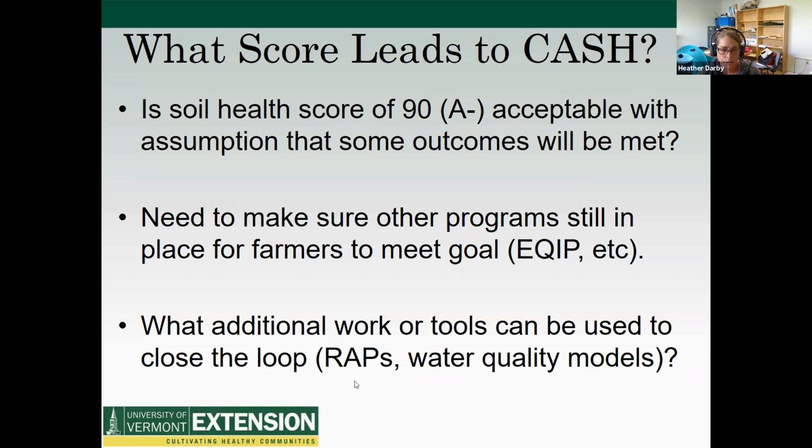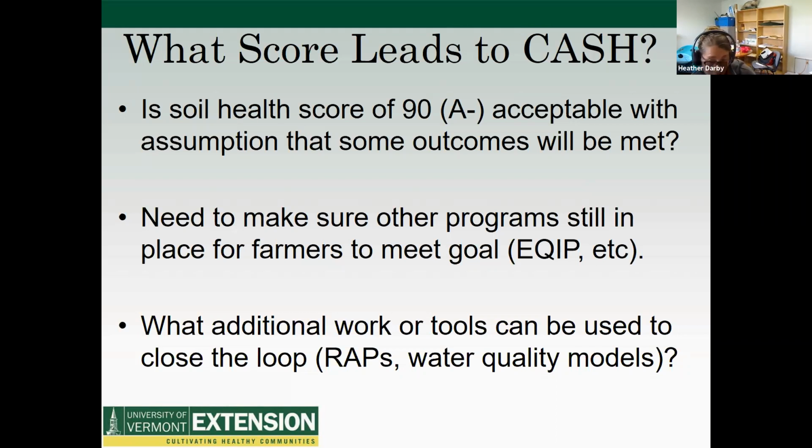So I think the first piece that I would point to, if we are going to use cash, is the RAPs. Using those as a base for the whole program would be really important, because the RAPs really should cover those other landscape factors, the buffer size, the amount of manure applied, through a nutrient management plan. That really should meet those other missing pieces from a soil health test.